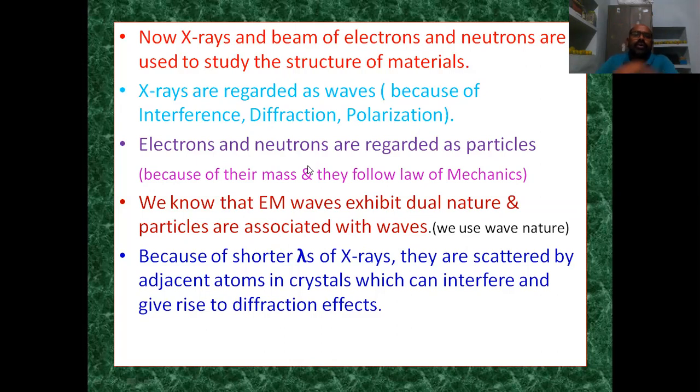So here we are treating these electron beams and neutron beams as waves, and these waves exhibit a diffraction pattern. So in that way, we observe the diffraction of electron beams and neutron beams by using a three-dimensional grating, the crystal grating.